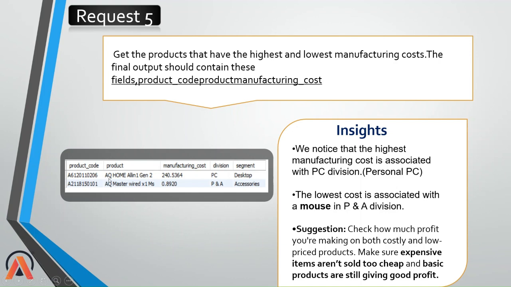The product name is AQ Home Allin 1 Gen 2. The manufacturing cost is 240 rupees or dollars. The lowest cost is associated with a mouse which is in peripheral and accessories division.